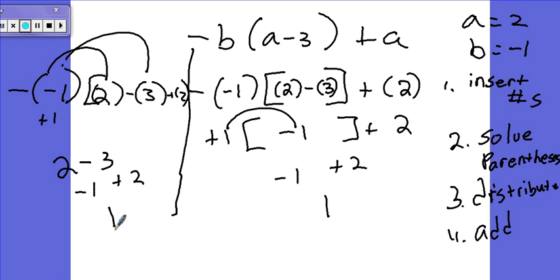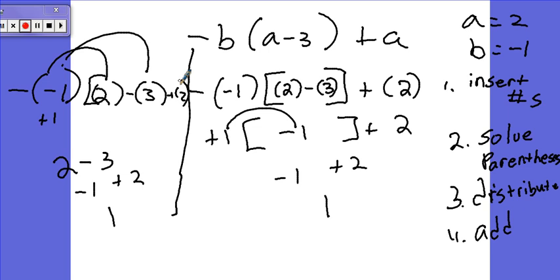Either way I'm distributing, it's just when am I going to distribute. You can kind of pick and choose that. I like to solve all the parentheses stuff because it means I have less errors when I distribute. Sometimes I feel like when I distribute before I do that, I have more problems. But it's kind of up to you at that point.